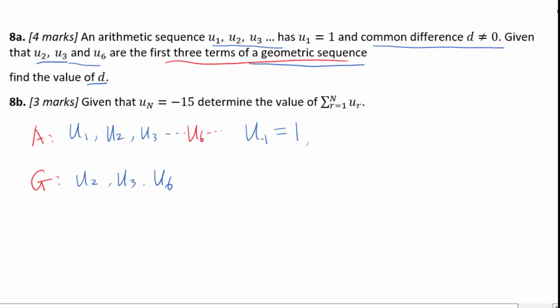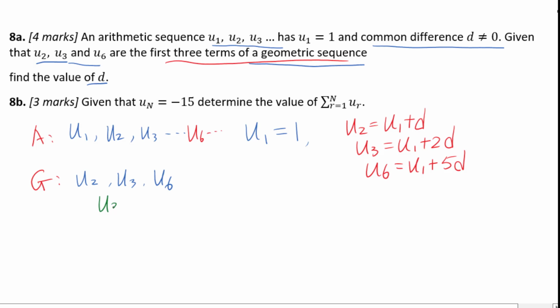So for the arithmetic sequence, I can write down U sub 2 equals U sub 1 plus D, U sub 3 equals U sub 1 plus 2D, U sub 6 equals U sub 1 plus 5D. For the geometric sequence, we know U sub 3 over U sub 2 equals U sub 6 over U sub 3.